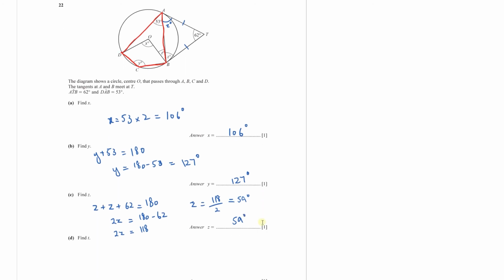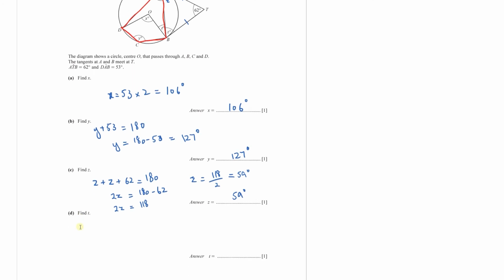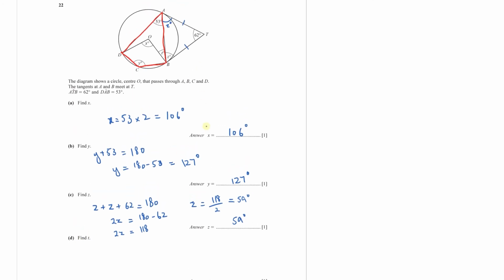And then the last part is find the angle T. So we know that this length OB is a radius because O is the center, and since TB is a tangent, the angle between the tangent and the radius is 90 degrees.